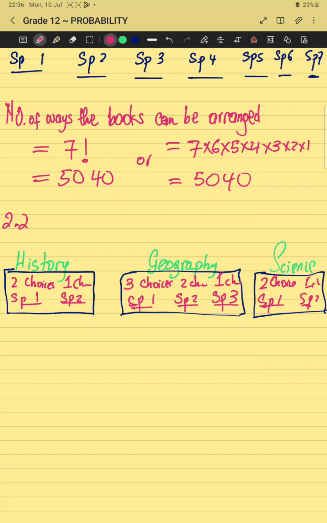Then from here, what do we do? We're going to say there are 2 ways the history books can be arranged. As we can see, there are 2 spaces or 2 choices, and here there are 3 ways. Let me use this color here.